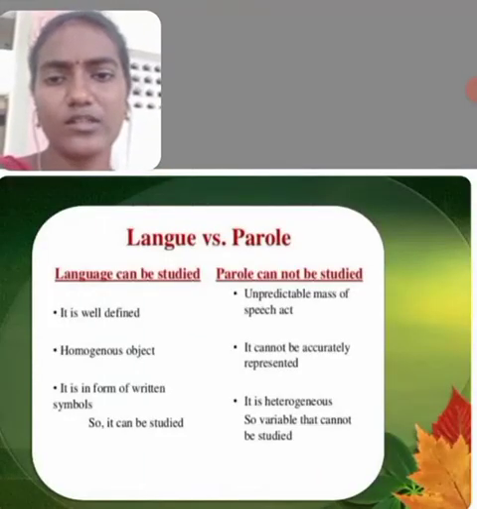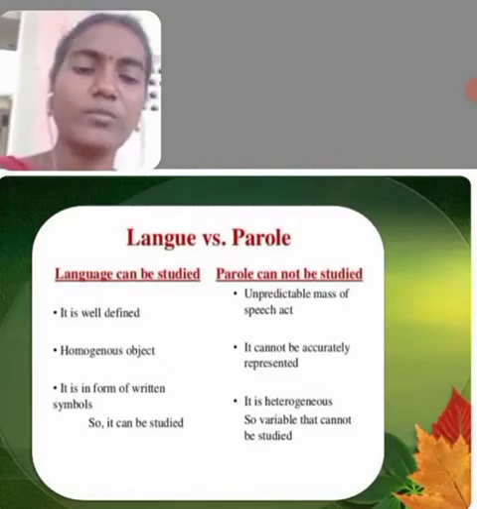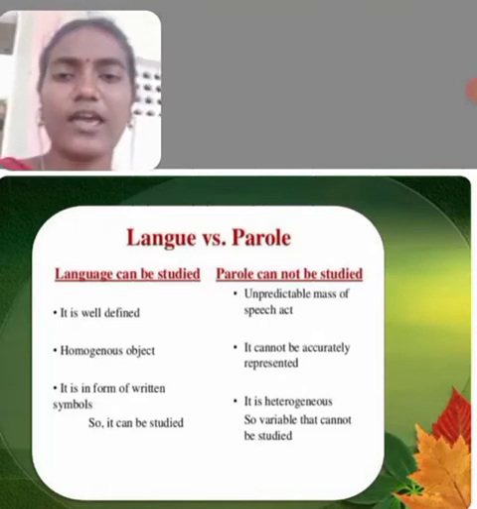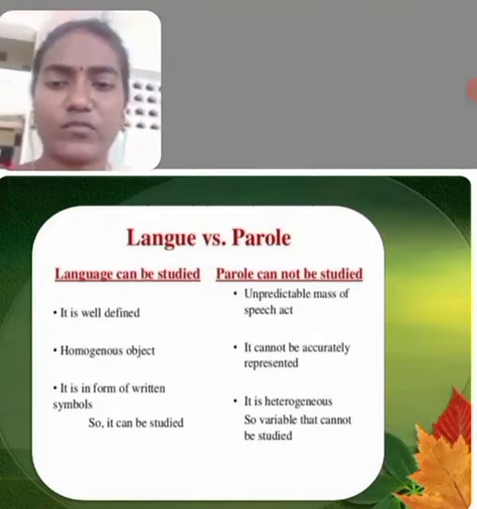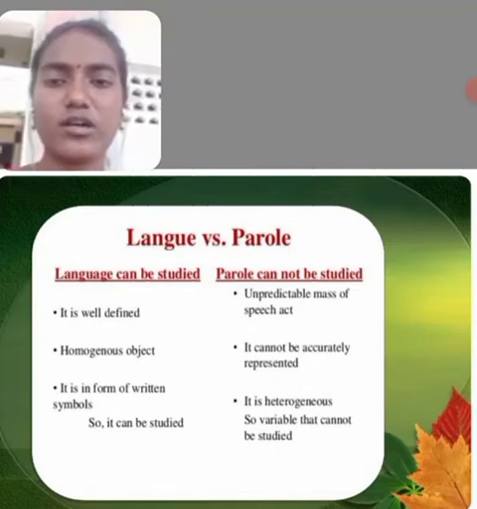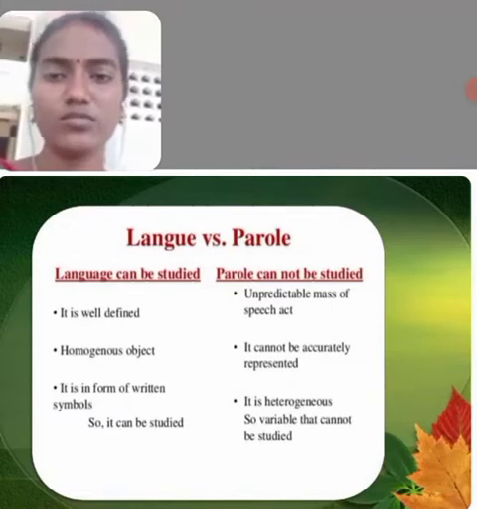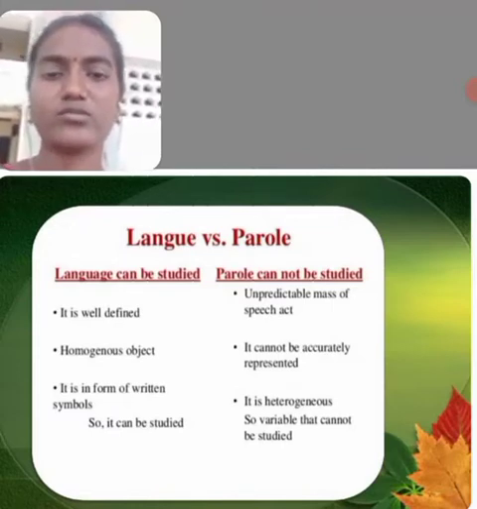In another concept, Saussure spoke of langue and parole. Langue can be studied, and parole cannot be studied. Here, langue is a refined one. It is a homogeneous subject. It is the rules and syntax of grammar. But parole is the usage of the language in other places.